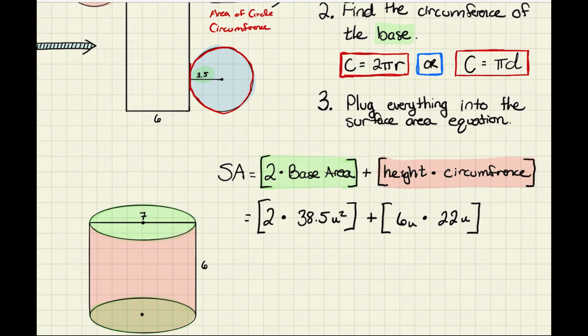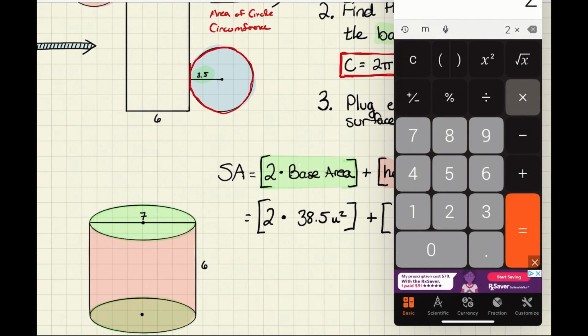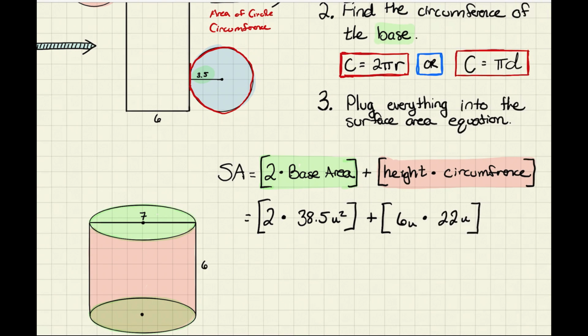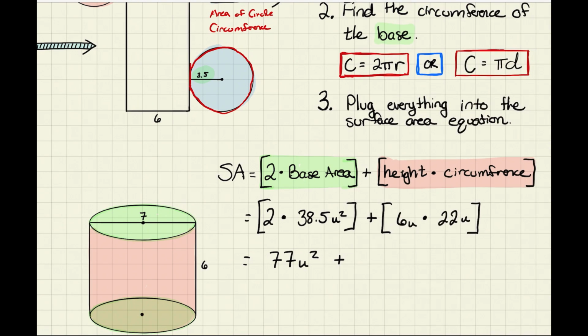Now we go ahead and multiply and add these together. So 2 times 38.5 is going to give us 77. So I have 77 units squared plus 6 times 22 is 132 units squared.